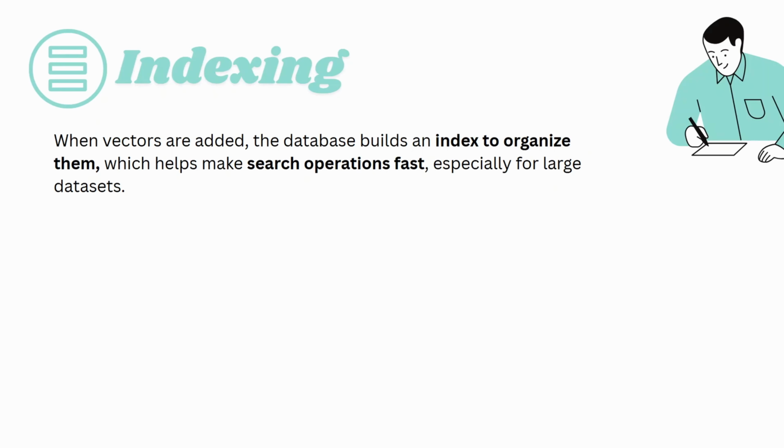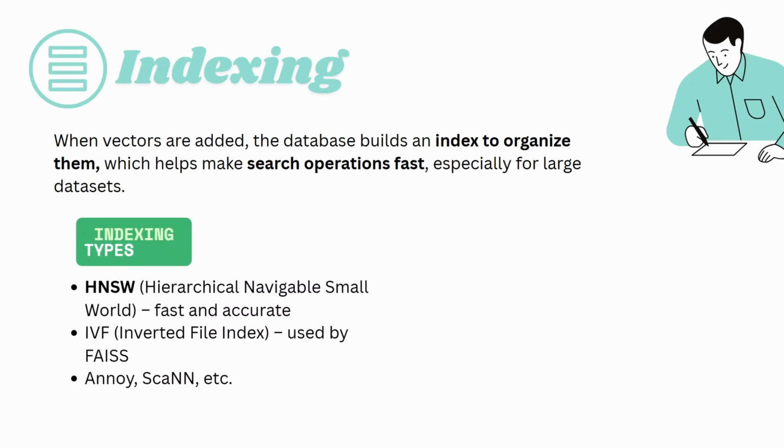There are several popular indexing techniques used in vector databases, the first one being HNSW, which is Hierarchical Navigable Small World. This is known for being both fast and accurate. Then there is IVF, Inverted File Index, which is commonly used in FAISS. Other options include Annoy, ScaNN, etc. Among these, HNSW is one of the most widely used and powers many modern vector DBs like Chroma and Qdrant.